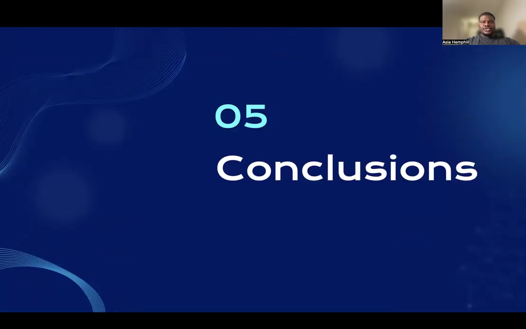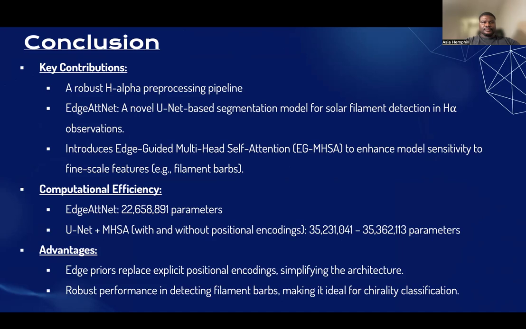Now I'll give conclusions of our study. The key contributions of this study include a robust H-alpha preprocessing pipeline. We also developed EdgeAttNet, a novel U-Net-based segmentation model for detecting filaments.